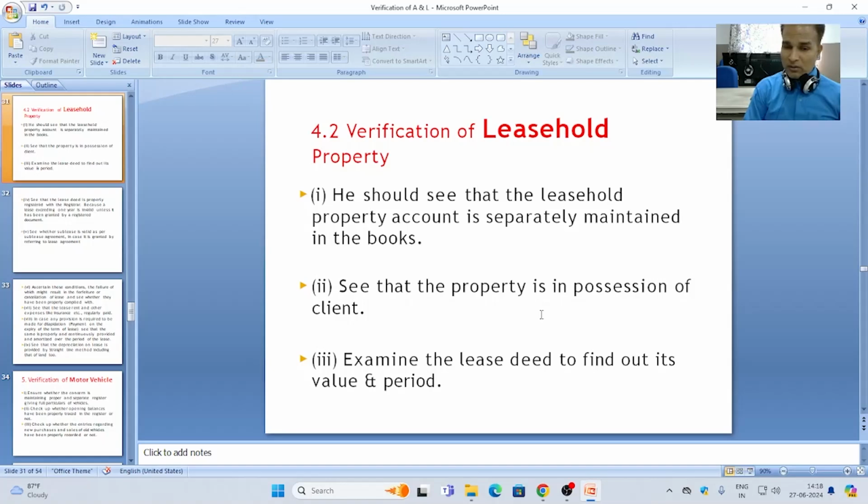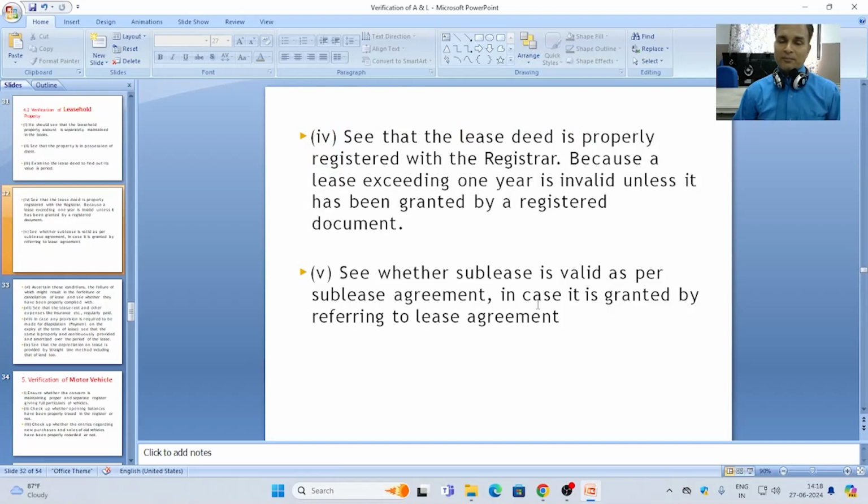The examiner should examine the lease deed to find out its value and period. The lease deed provides auditors the information regarding the time period of the lease and the exact value of the deed.